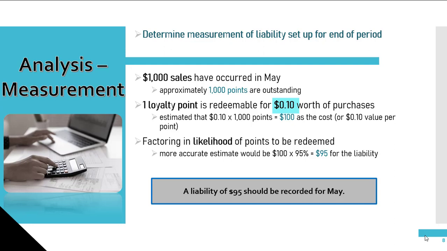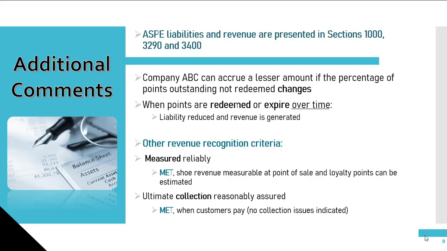Since 1 loyalty point is redeemable for 10 cents worth of purchases, it can be estimated that company ABC's cost will be approximately $100. Factoring in the likelihood of the points being redeemed at 95%, a more accurate estimate for the liability would be $95. As the points are redeemed, the liability will be reduced and revenue is generated. The liability will also be reduced when the options for these points expire.